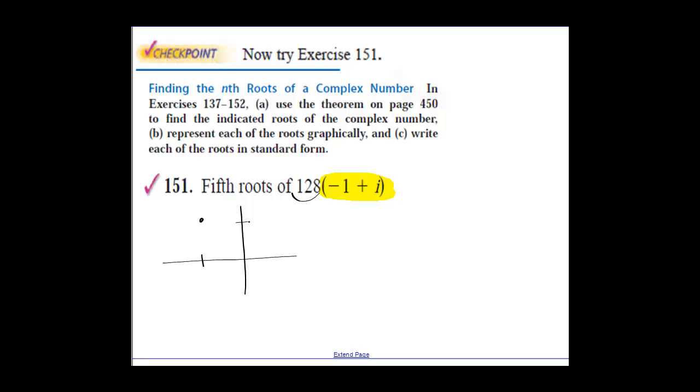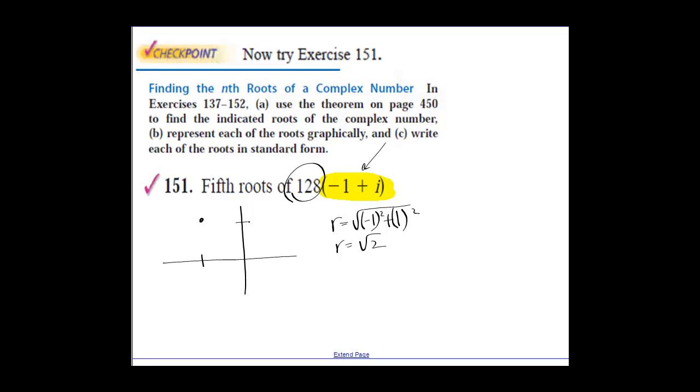This 128 will have to do with the magnitude of this complex number. So if I only had this yellow part, I would say my R value is equal to the square root of -1 squared plus 1 squared, or my R value is simply square root of 2.